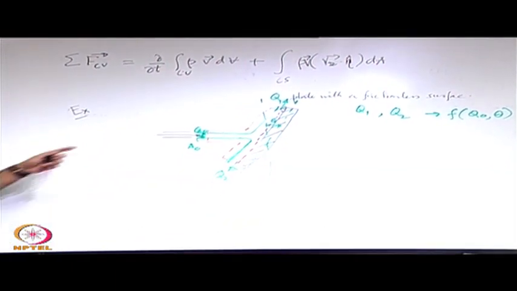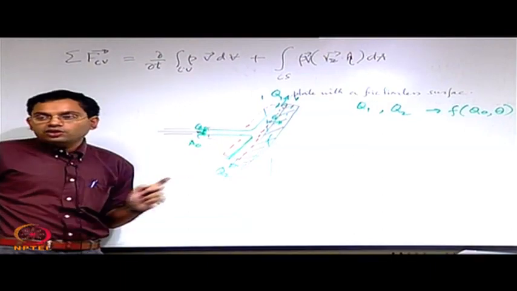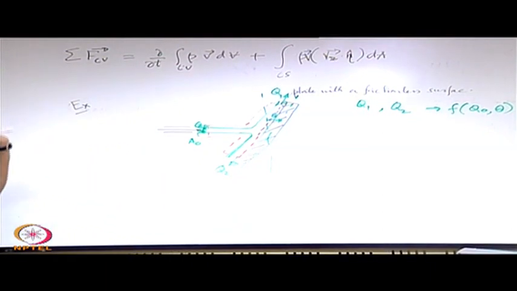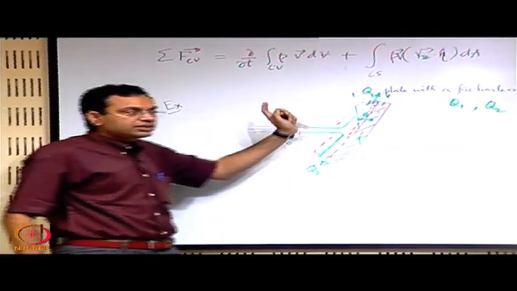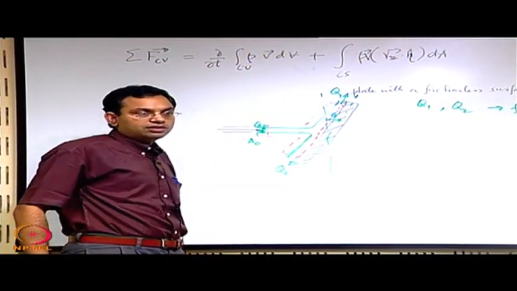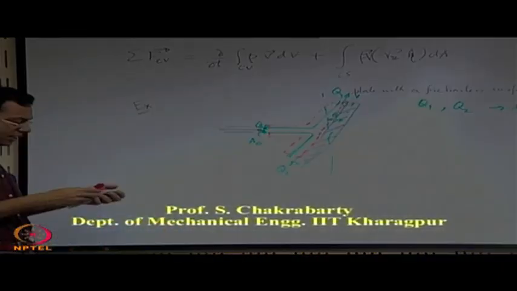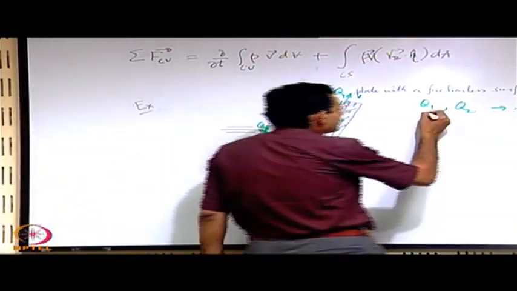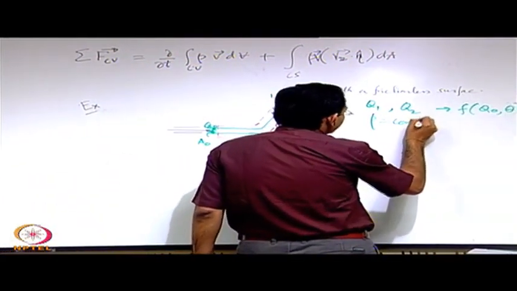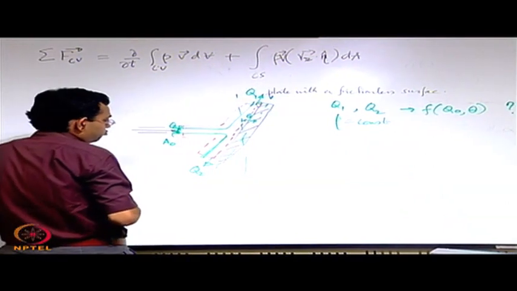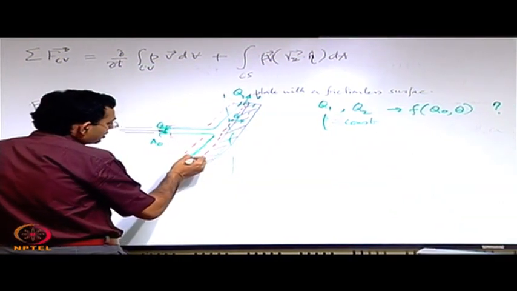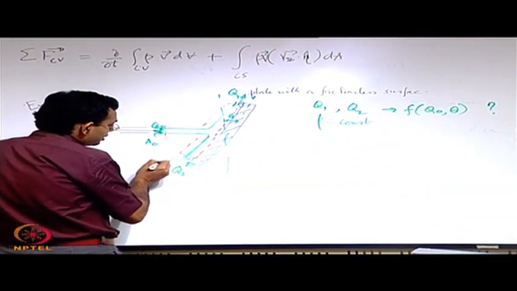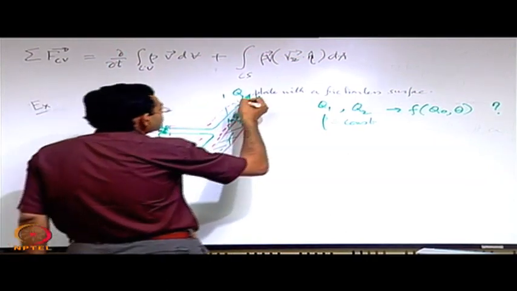Now, when this control volume is drawn, we are interested to write an expression first for the mass balance, conservation of mass. Assume that the density of the fluid is a constant. Let us say that the areas of flow here are A2 and here it is A1.